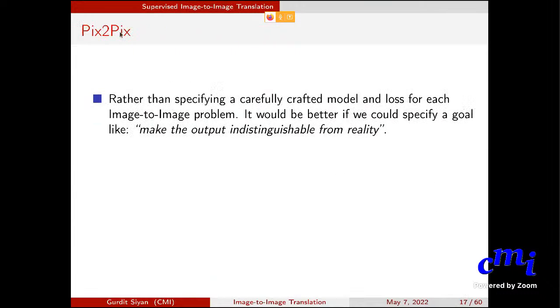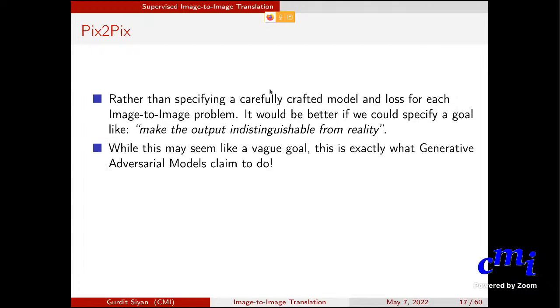So the pix2pix paper was introduced. Basically, we want to specify a generator that makes the output indistinguishable from reality. That's a very big statement, but this is exactly what GANs do.